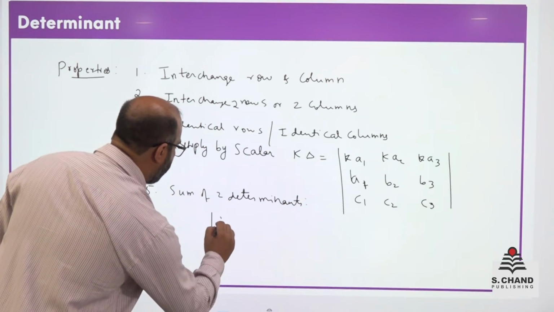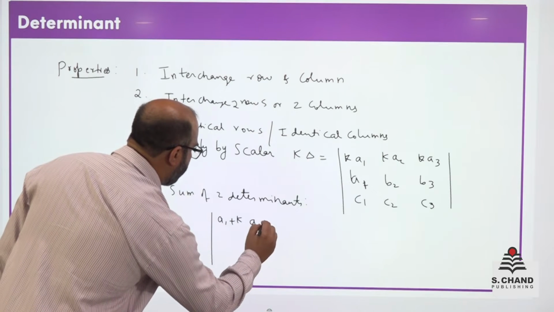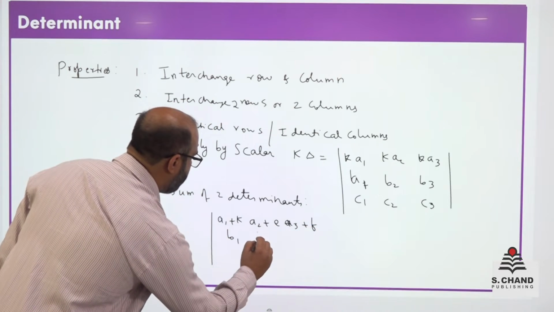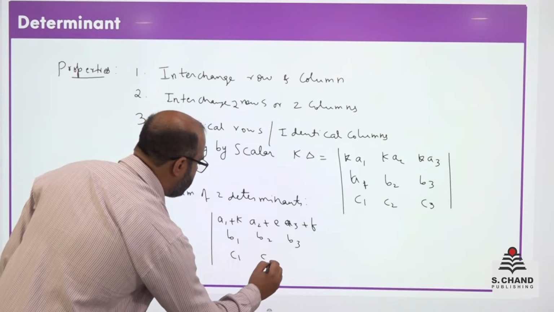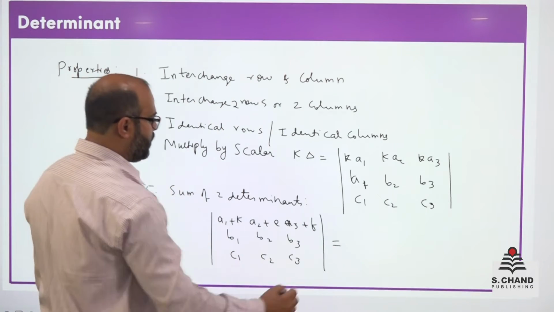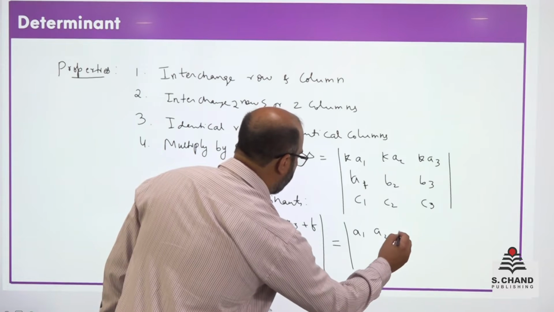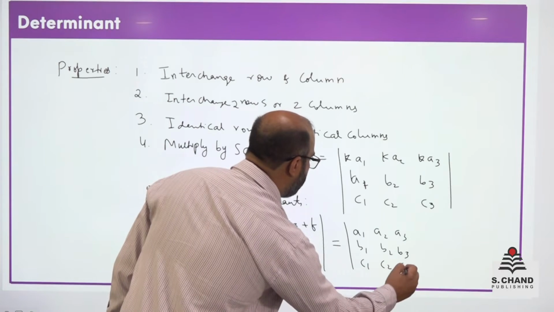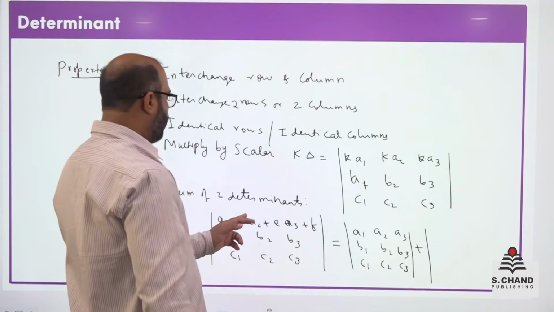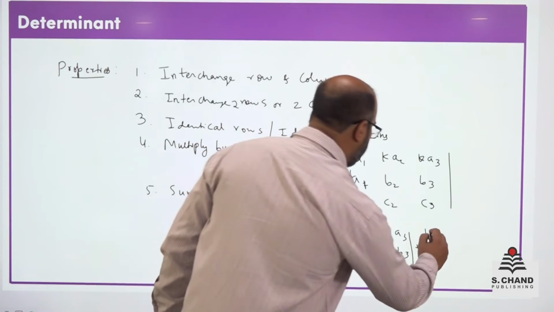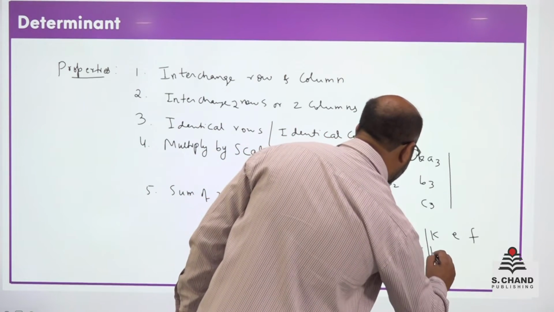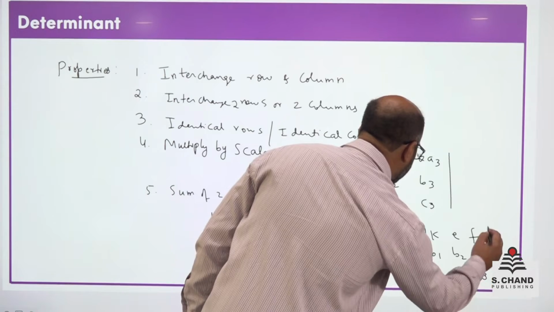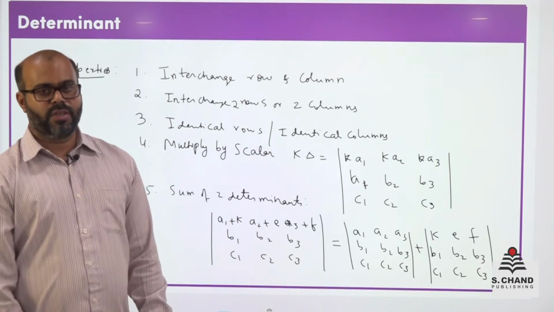If we have a1 plus k, a2 plus e, a3 plus f, and b1, b2, b3, c1, c2, c3, then this can be written as a1, a2, a3, b1, b2, b3, c1, c2, c3 plus the other element of the first row which got added, which was k, e, f, and b1, b2, b3, c1, c2, c3. This is how we do addition in determinants.